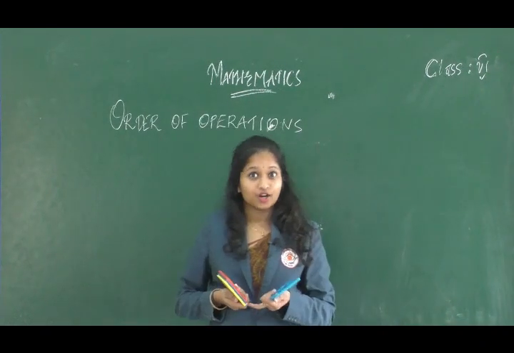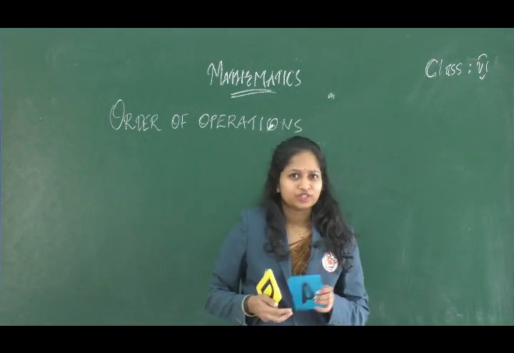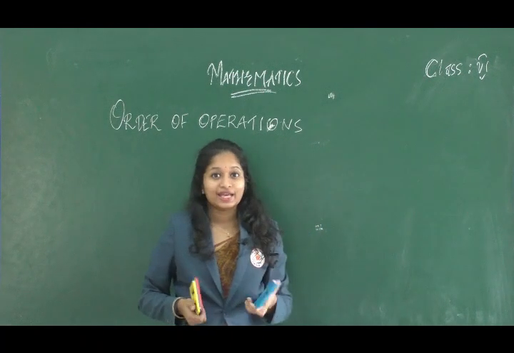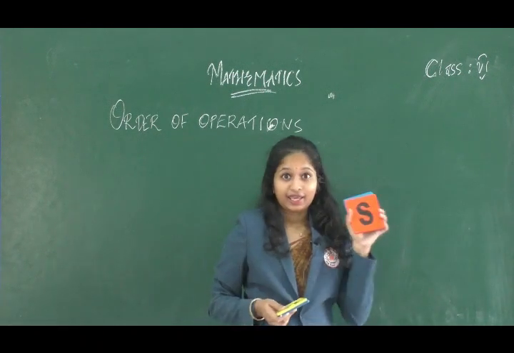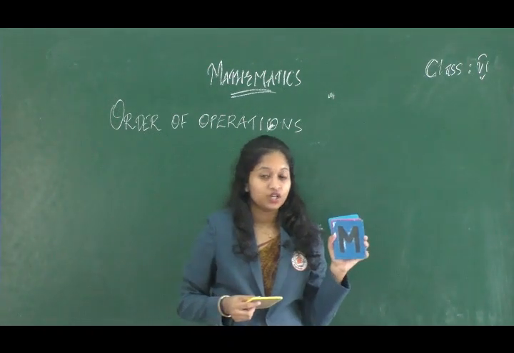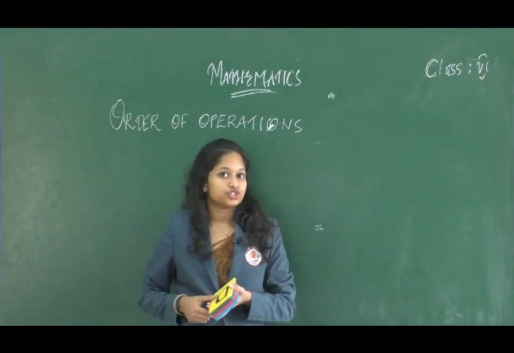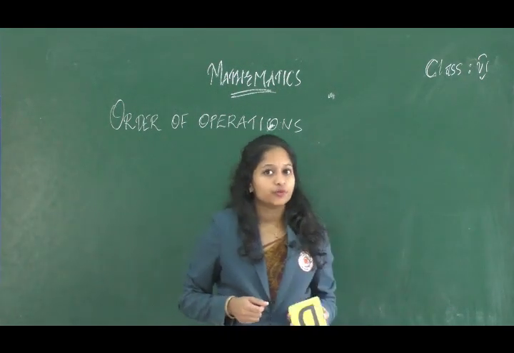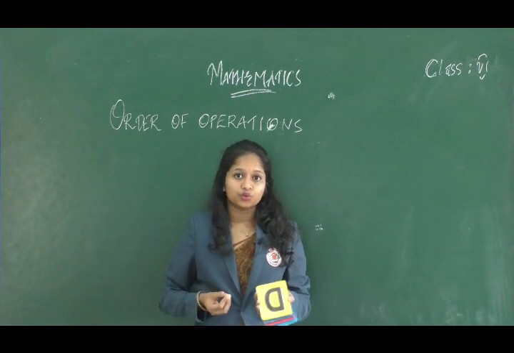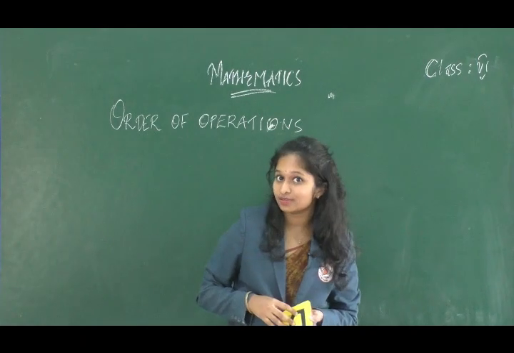Children, our topic is order of operation. I have told you earlier. So, you know what A is for in maths? A is for addition, S for subtraction, M for multiplication, and D for division. If all the four operations are there in a question, how do you know which operation you have to perform first?